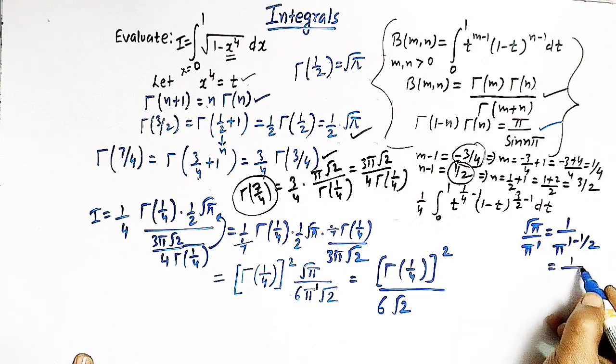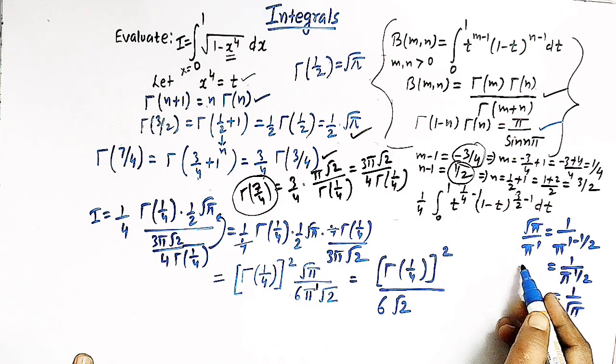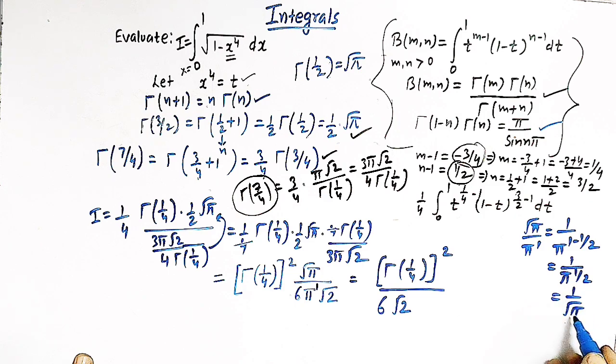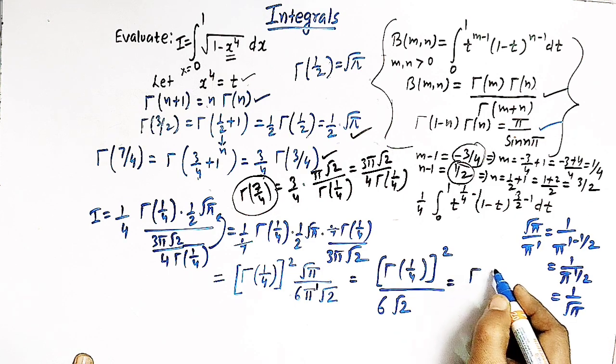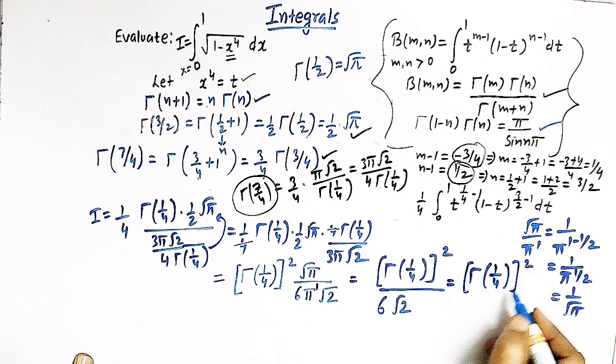And this is simply pi raised to half, that is 1 over root pi. So we can now substitute the value of root pi over pi as 1 over root pi. So we can now write gamma 1 over 4 square, and then we have here 6 root pi times root 2.